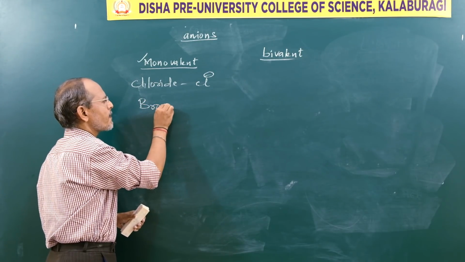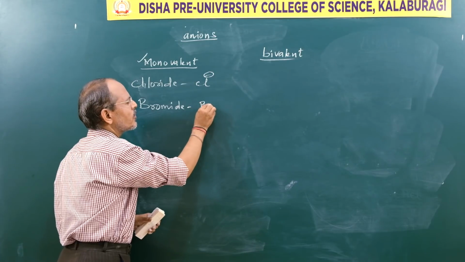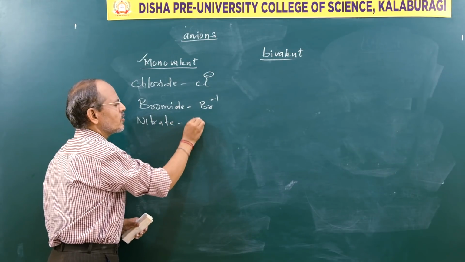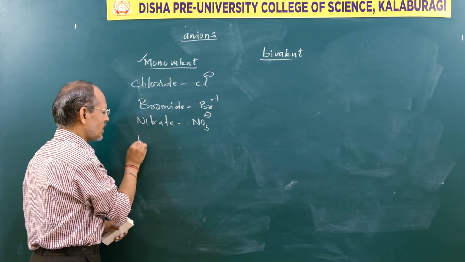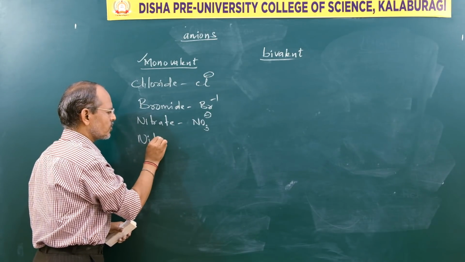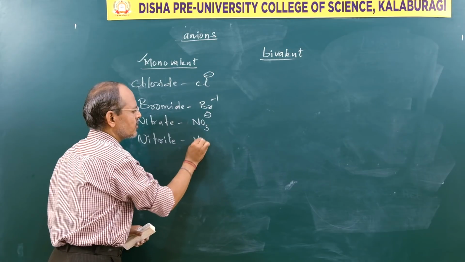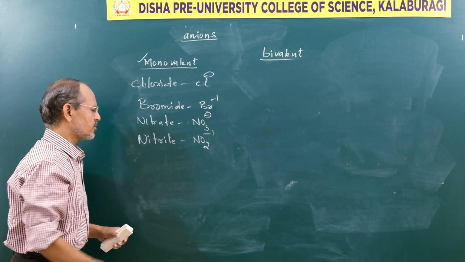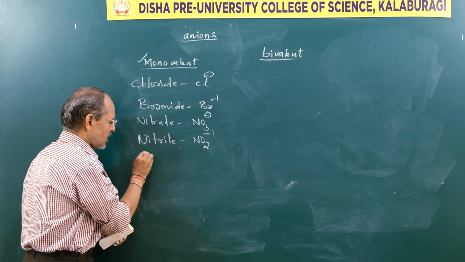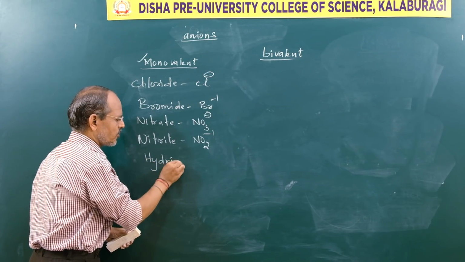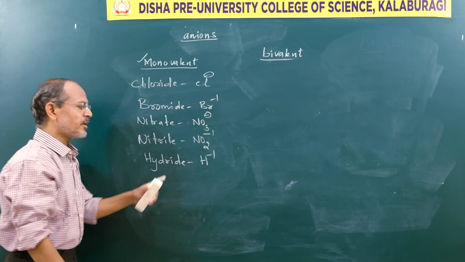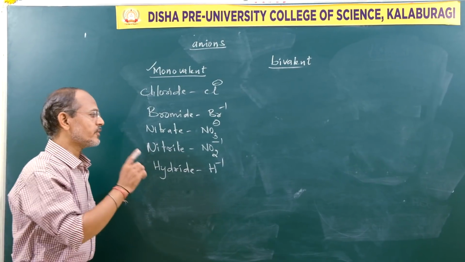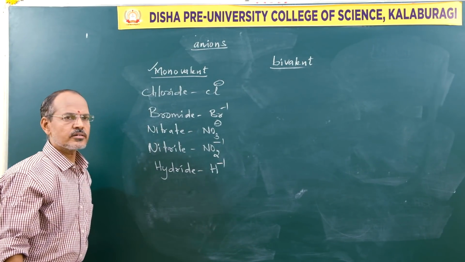Bromide, Br minus. Nitrate, NO3 minus. Nitrite, NO2 minus. Then hydride, H minus 1. That means hydrogen has capacity to give 1 electron as well as accept 1 electron. That is very interesting. Hydride.